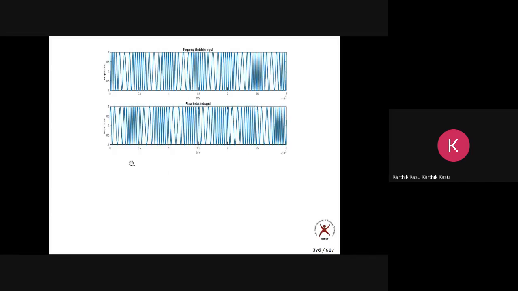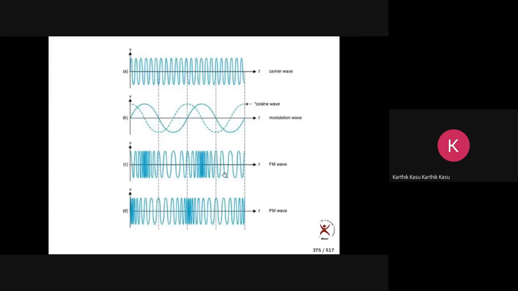Now, one more thing. Observe these two waveforms, the FM waveform and the PM waveform. They are very closely related. You can see here, they look alike. They look similar. So there is not much difference between frequency modulation and phase modulation. The only thing is, here the start is minimum, and here the start is maximum.